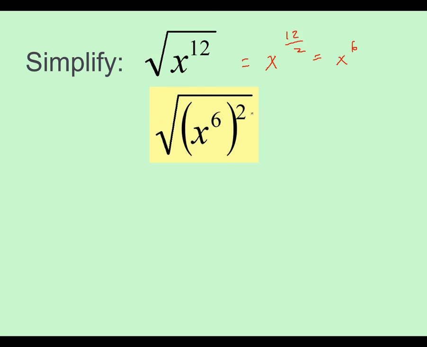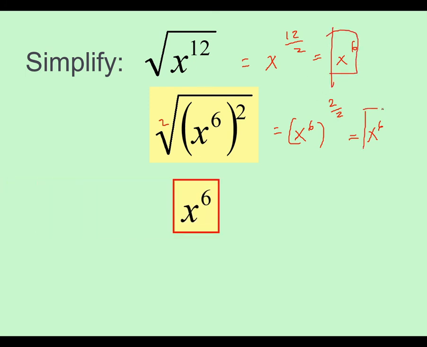You need raised to 2. Para mawala yung square root. Kasi pagka change nyo yan into this, that is 2 over 2, which is equivalent to raised to 1. So, x raised to 6 na din. No? So, parehas lang. So, bahala kayo kung alin ang mas madali.